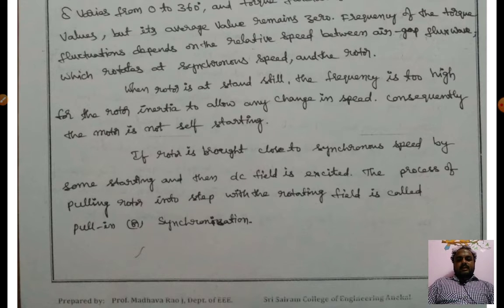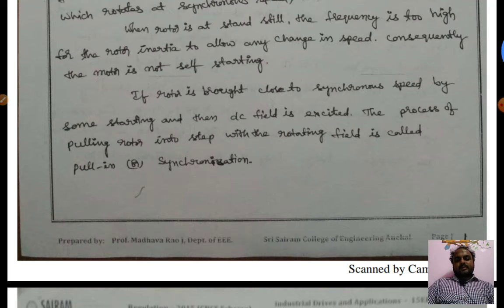The rotor is brought closer to synchronous speed by some starting method and DC field excitation. The process of pulling the rotor into step with the rotating field is called pull in. Pull in is a very important term, and you will see it again in upcoming topics.